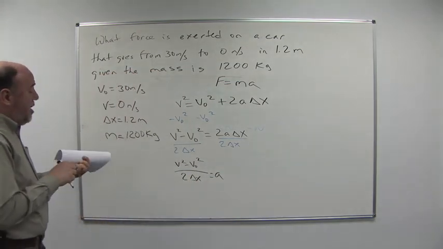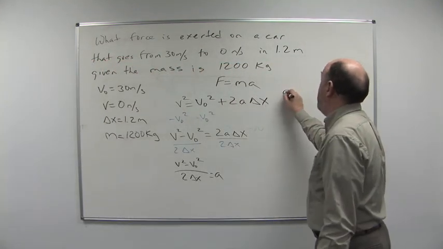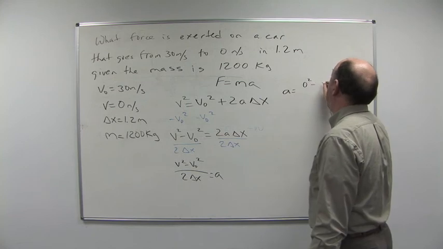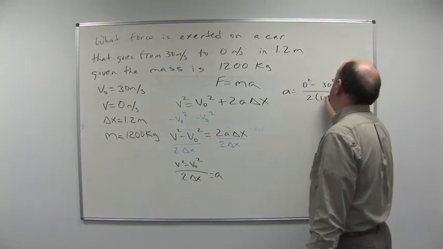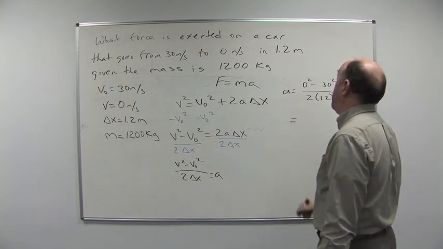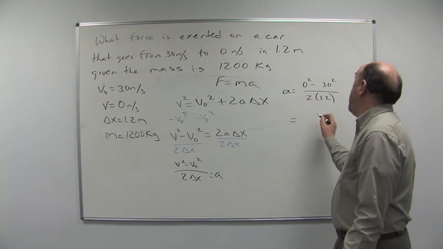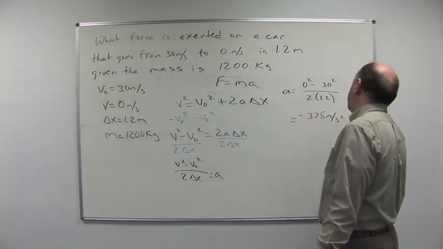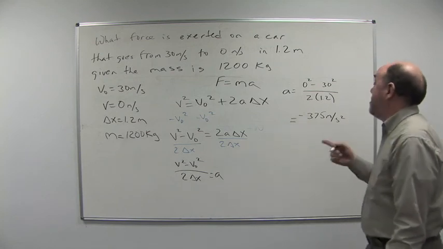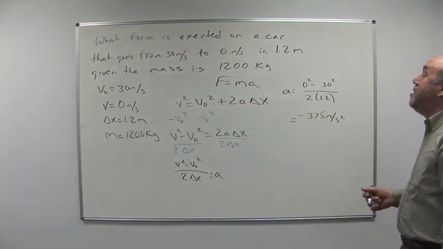We can plug in our numbers, and a is going to be 0 squared minus 30 squared over 2 times 1.2. That comes out to be negative 375 meters per second squared. The negative just means what we already know, that this car is slowing down. It's coming to a stop.